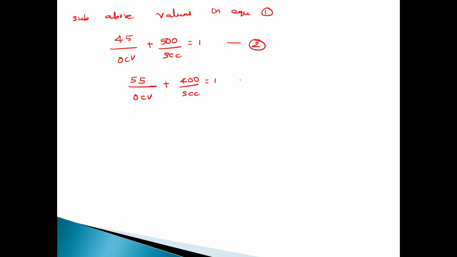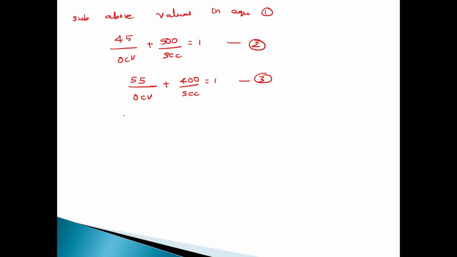That we have to substitute. After substitution, we are getting 45 divided by OCV plus 500 divided by SCC, which is equal to 1. In the same manner, 55 divided by OCV plus 400 divided by SCC, which is equal to 1. This is equation 3.